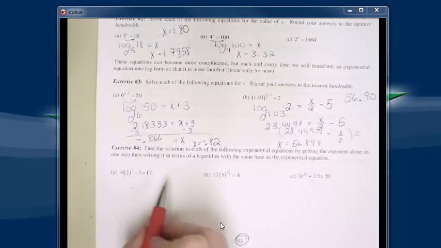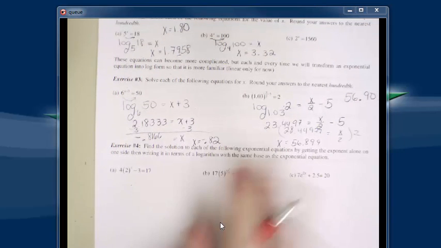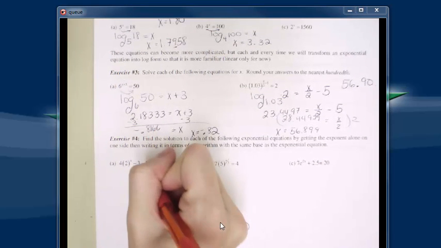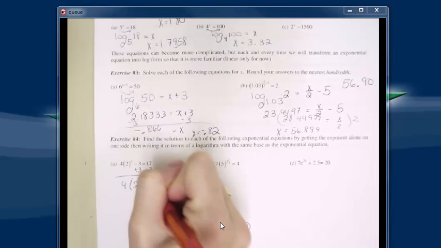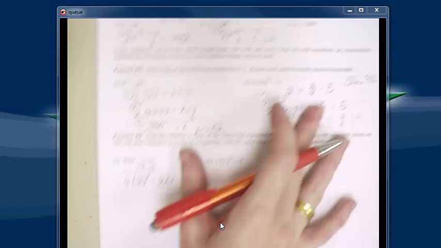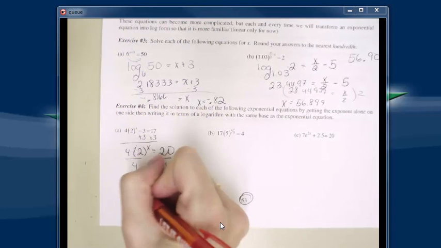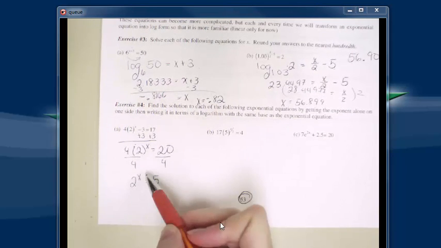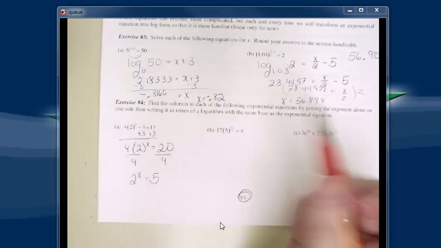Okay, up it again. At this point, it's not just the exponential equals some number. There's more stuff going on. So first, get it to a format that it is. Okay, it's still not what we want. Divide by 4. Now I have a base to an exponent that is a variable equals a number. Now I'm back in the format I was.